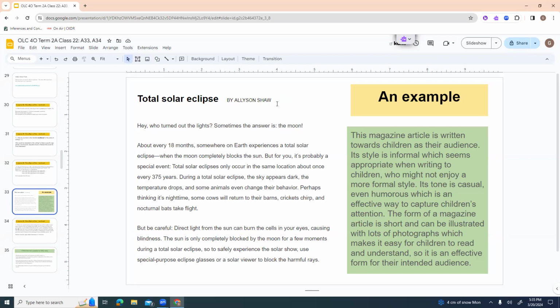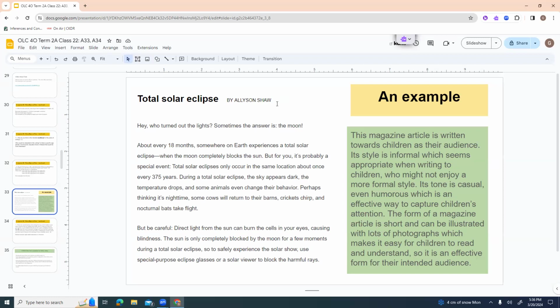During a total solar eclipse, the sky appears dark, the temperature drops, and some animals even change their behavior. Perhaps thinking it's nighttime, some cows will return to their barns, crickets chirp, and nocturnal bats take flight. But be careful.